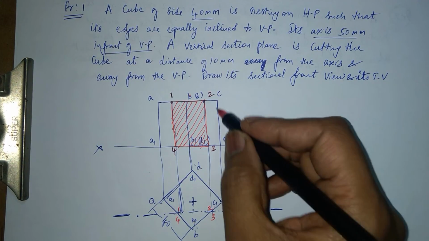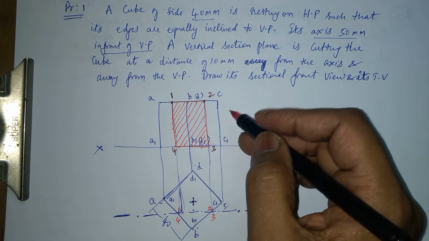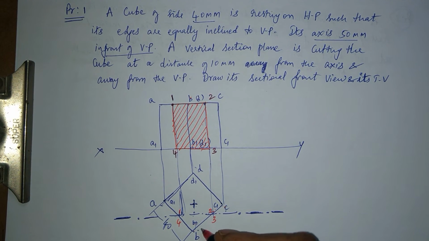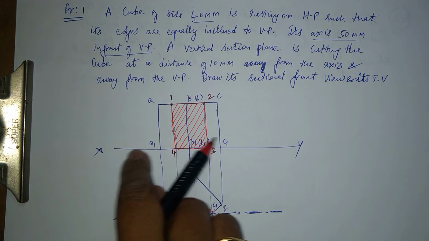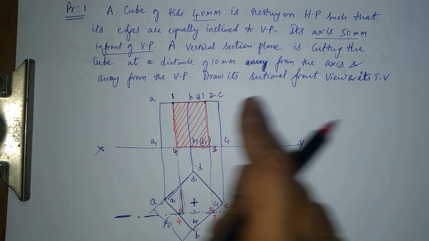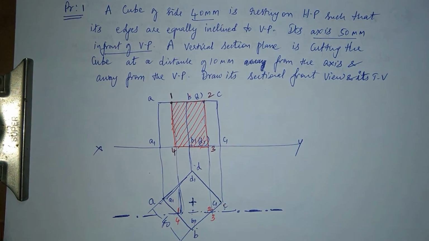This complete thing, along with the remaining part of the solid and the section seen, is called the sectional front view. The view is perpendicular to the section, so this XY is parallel to it. So this is also called the true shape. This is the sectional front view, and this 1, 2, 3, 4 is the true shape.